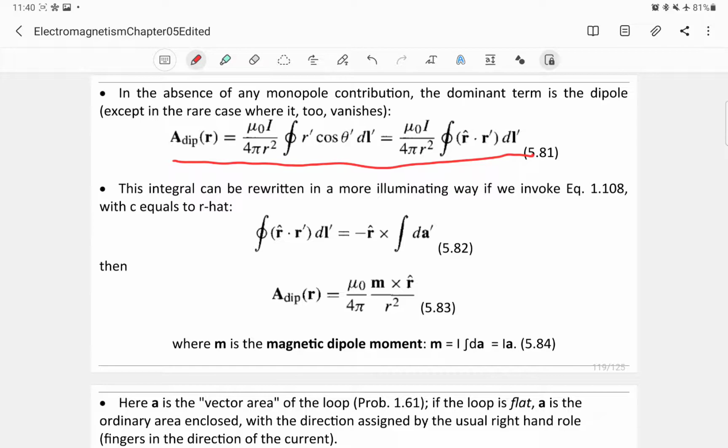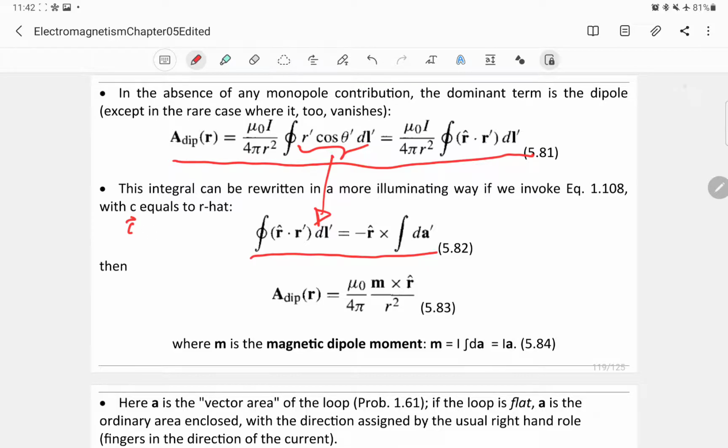So by the way, you can rewrite this integral as this one, where you can write this one here with this one, and then of course you can use the equation where your c is a vector c in that equation.